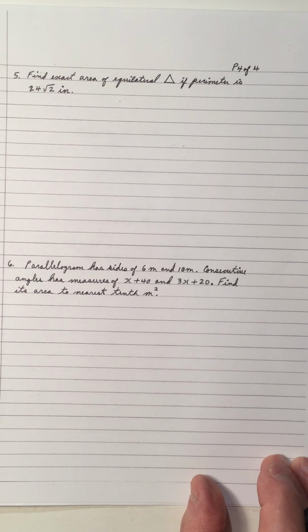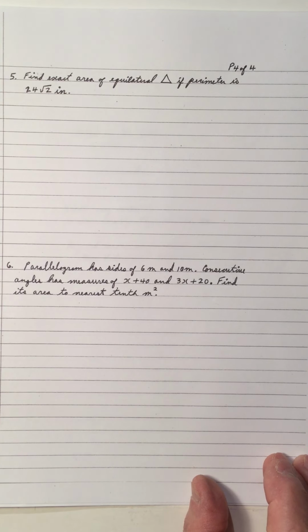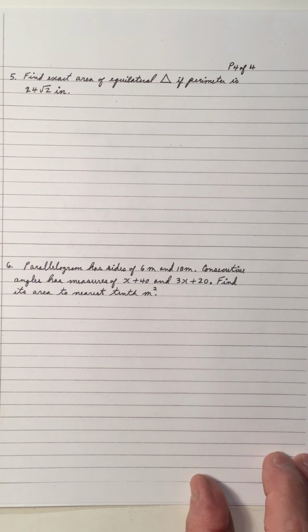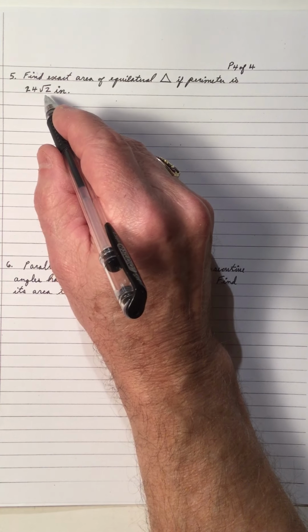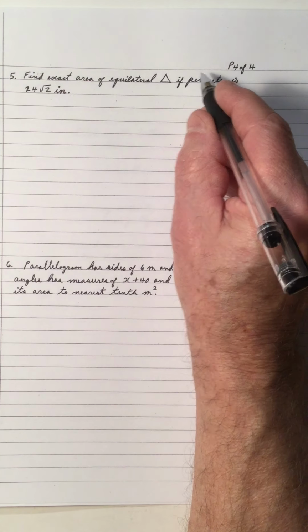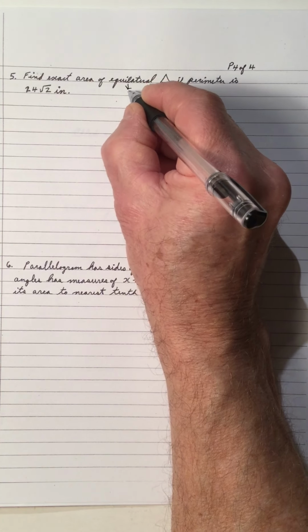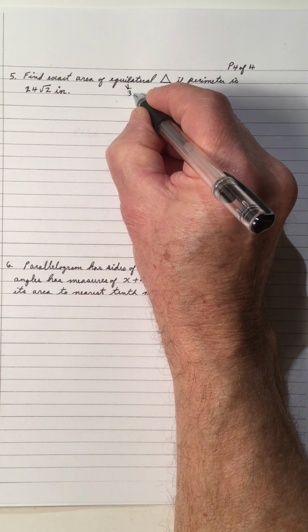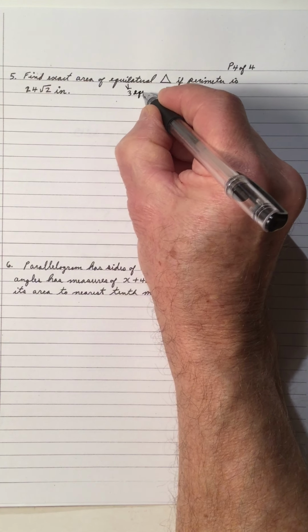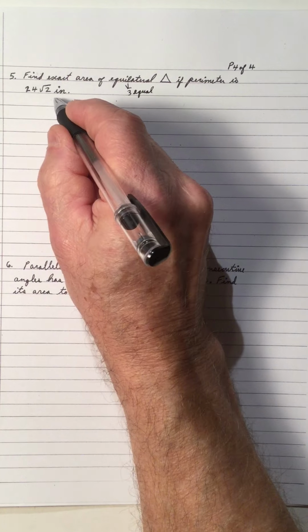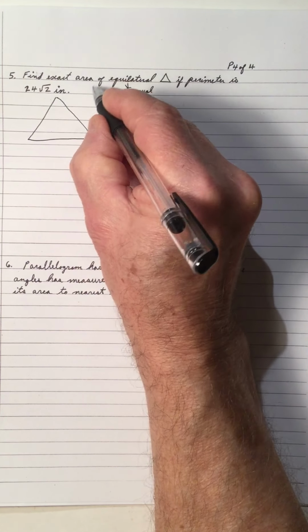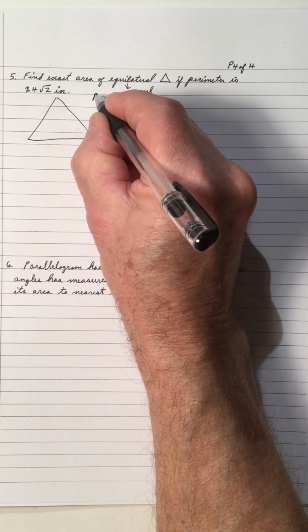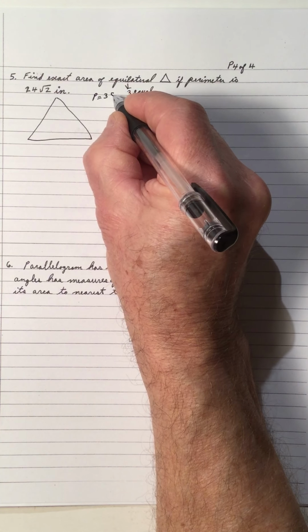Okay, another one to do. Find the exact area of an equilateral triangle if the perimeter is 24 root 2. An equilateral triangle has 3 sides equal. So the perimeter is equal to 3s.